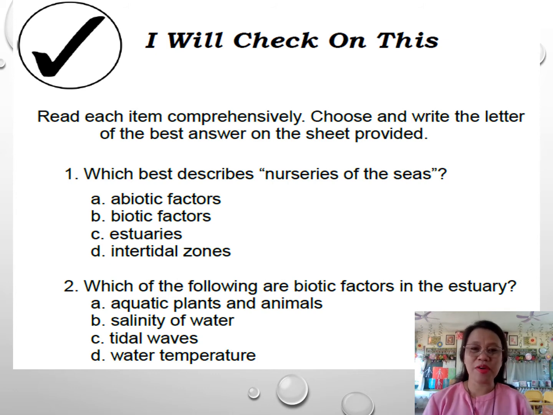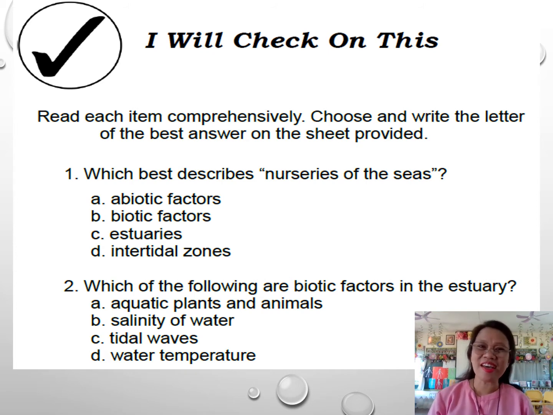Read each item comprehensively. Choose and write the letter of the best answer on the answer sheet provided. So, are you ready? Let me read the questions to you twice. Then you are going to read silently the choices. Then after reading the choices, you may now write the letter of your choice. Okay?